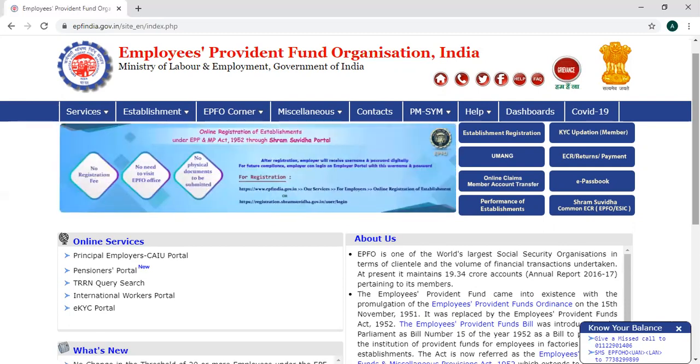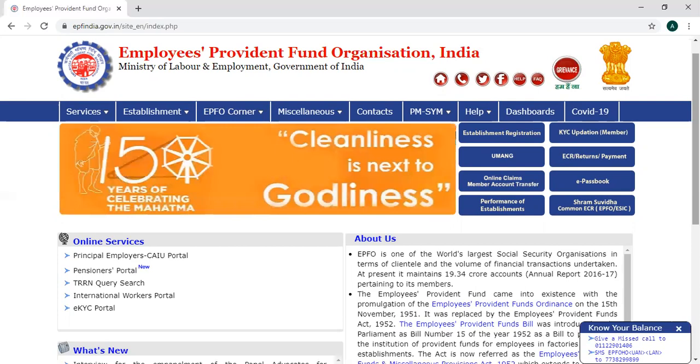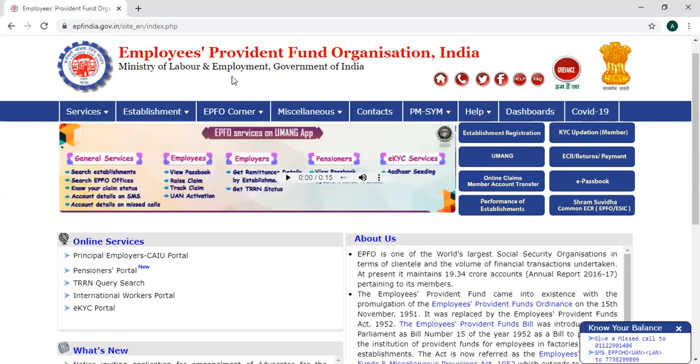Earlier it was 6,500, now it's 15,000. That we'll be discussing in the coming slide. All the information is available on this website itself, and all employers and employees refer to this website only. This is the website of the Ministry of Labour and Employment, Government of India.